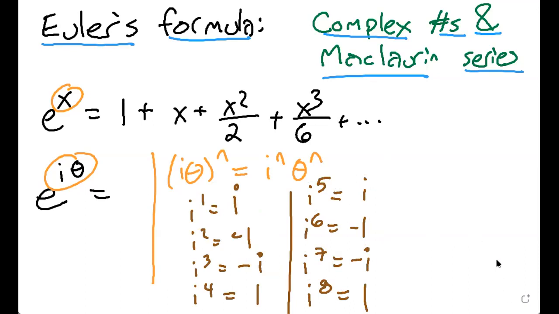So at this point, let's very carefully write out e to the x. I'm going to write out the degree 8 Maclaurin polynomial for e to the x: 1 plus x plus x squared over 2 plus x cubed over 6.